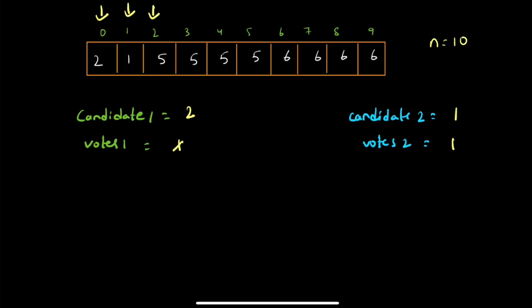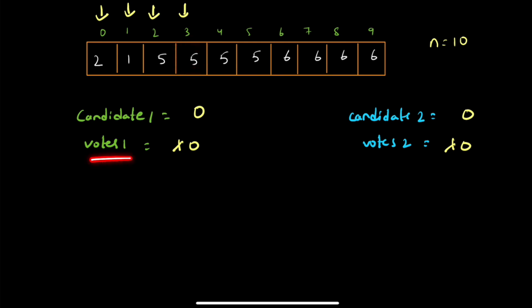That is vote 1 will become 0 and vote 2 will become 0. And since both of their votes have become 0, then neither 2 nor 1 will be a potential candidate. So let's replace them with some arbitrary value. So candidate 1 will become 0 and candidate 2 will become 0. Okay. Now let's process index 3. At index 3, we have candidate 5.